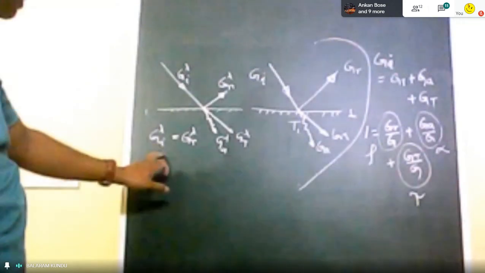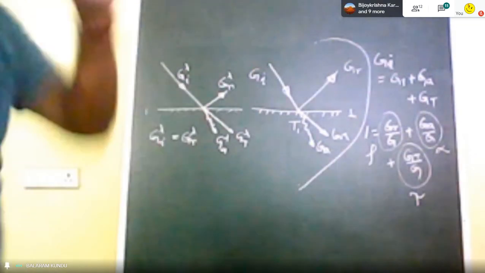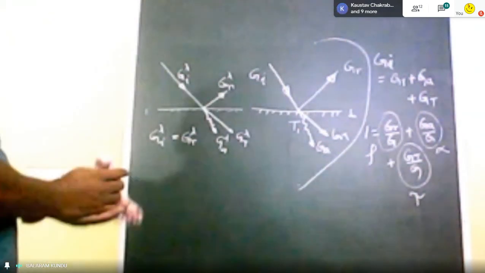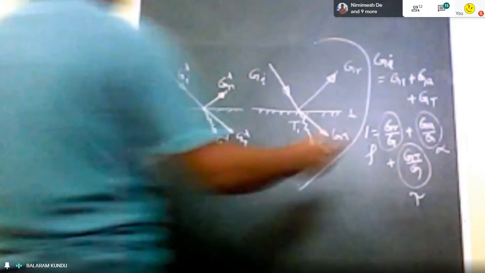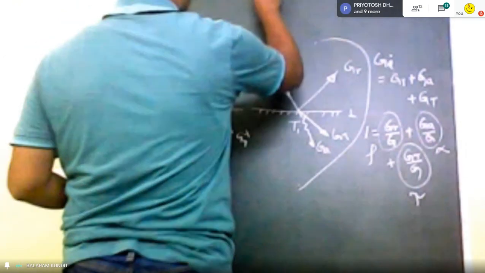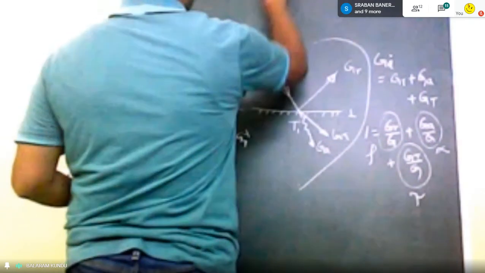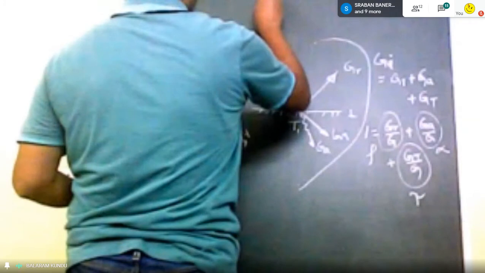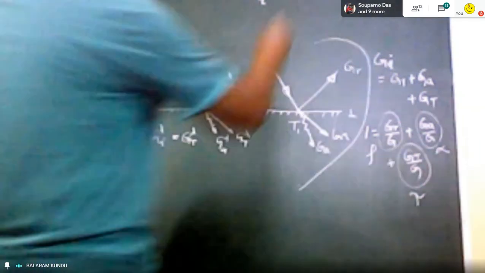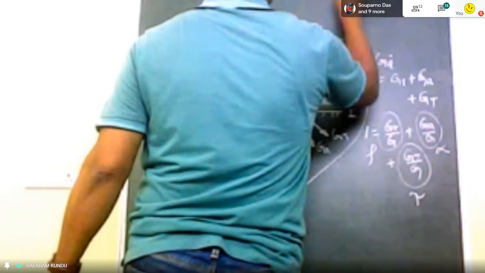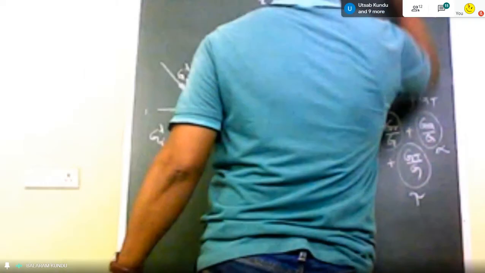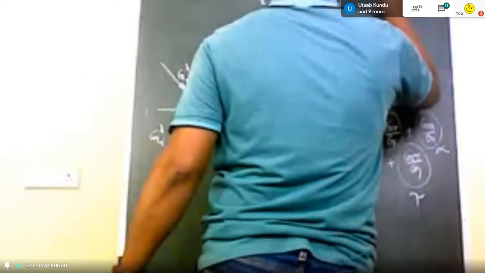In a similar fashion, for the spectral case, for wavelength lambda, we can write 1 equal to reflectivity Gr lambda divided by Gi lambda, plus absorptivity Ga lambda divided by Gi lambda, plus Gt lambda divided by Gi lambda.